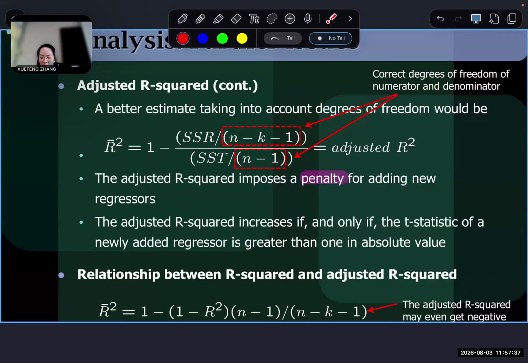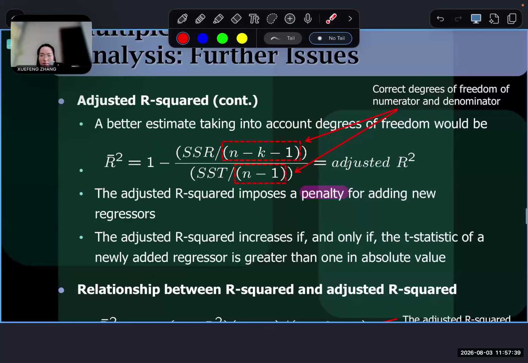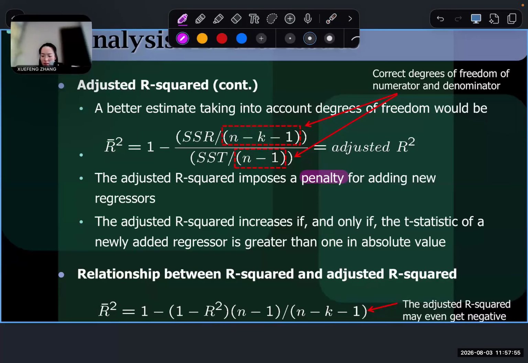Okay, so let's compare. Ordinary R squared always goes up when you add anything, but adjusted R squared can actually go down. Be careful, it can go down. So let me write it here.